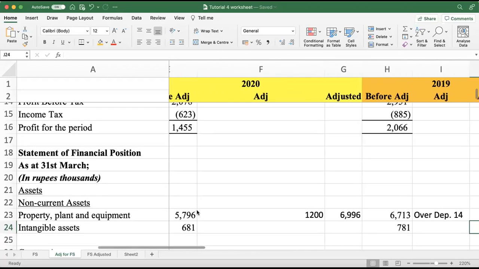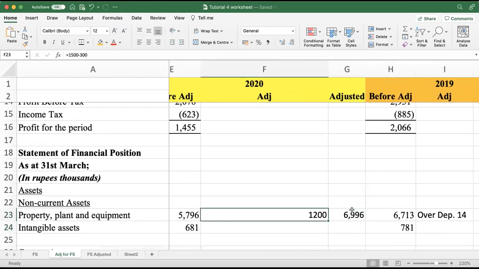Then 2020. So this 1,200 is the lease asset. You can write down lease asset, $1,200.